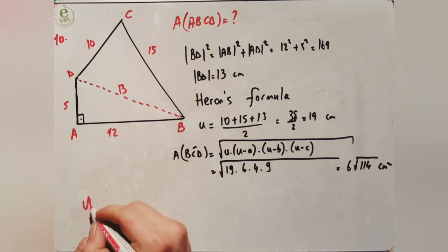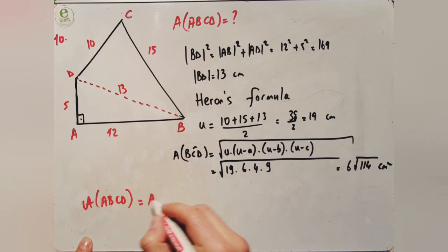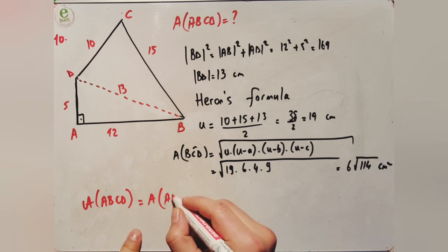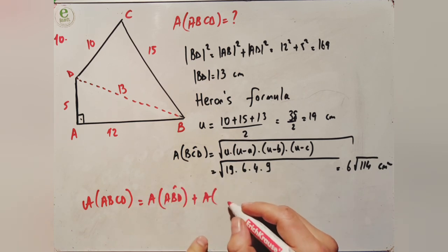And we know that the area of ABCD is equal to the area of ABD plus the area of BCD.